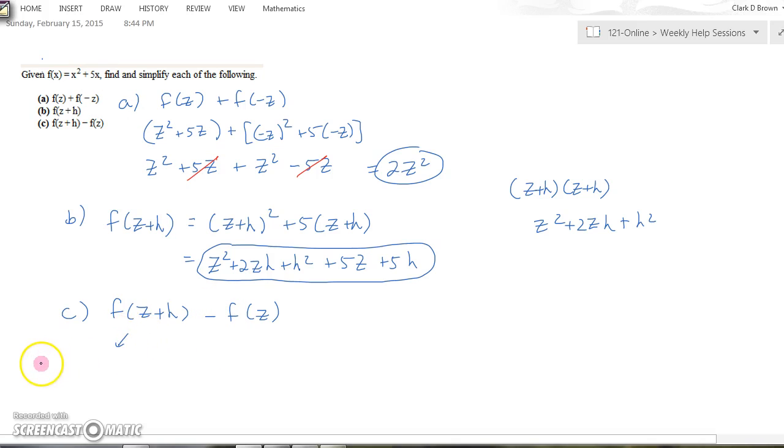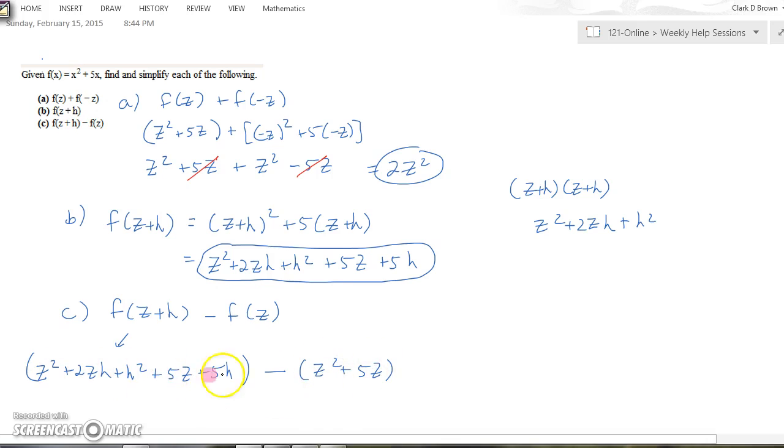All right? So I'm going to get z squared plus 2zh plus h squared. Basically, this is f of z plus h up here, plus the 5z plus the 5h. Okay, so there's that part. Then I have to subtract from that what I get when I plug in z. So that's going to be z squared plus 5z.